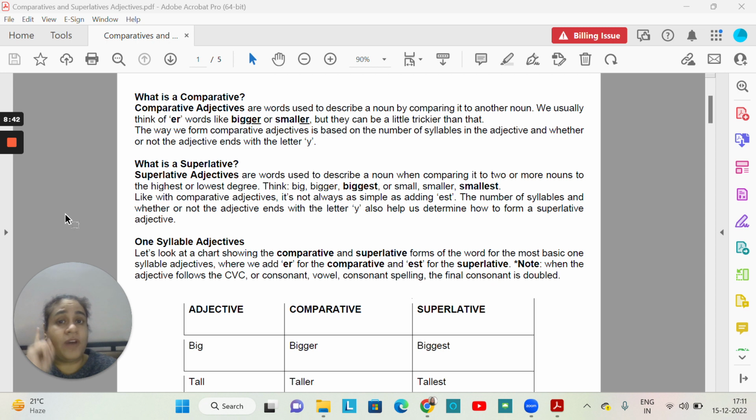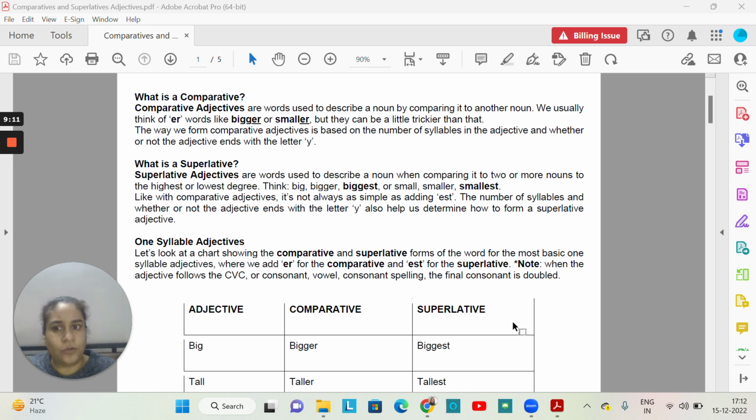You can hear only one vowel sound. Big has I, tall has O, sick again has I. These have only one vowel sound, hence they are called one syllable words. So based on it, your spelling for the superlative adjective and comparative adjective also changes.